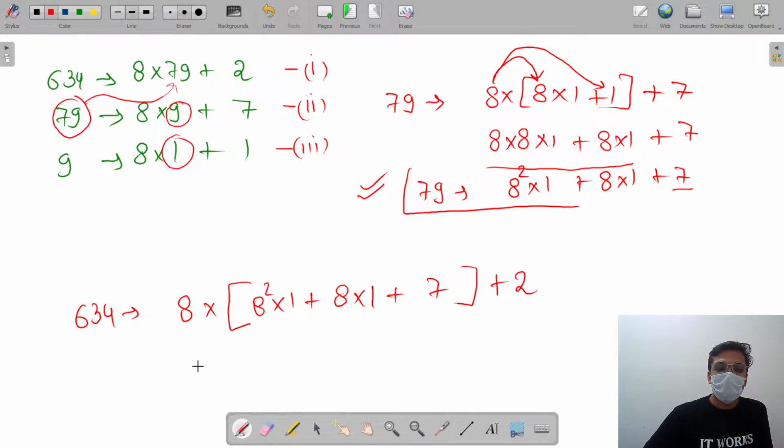So when we multiply this number, we get our expression as 8 cube into 1 plus 8 square into 1 plus 8 into 7 plus 2.